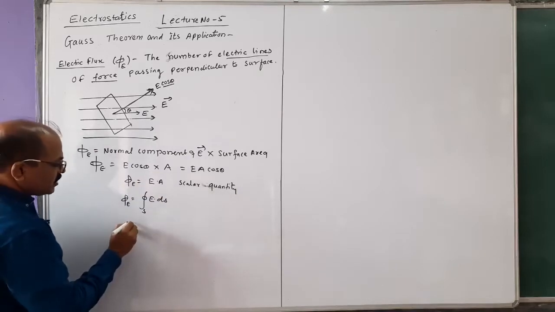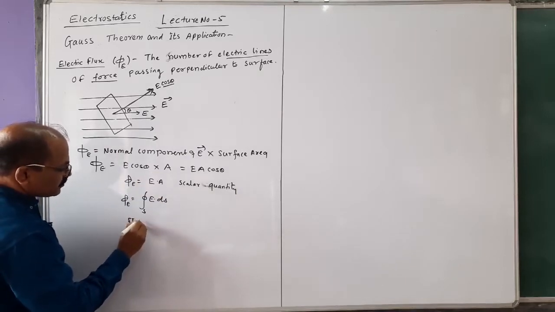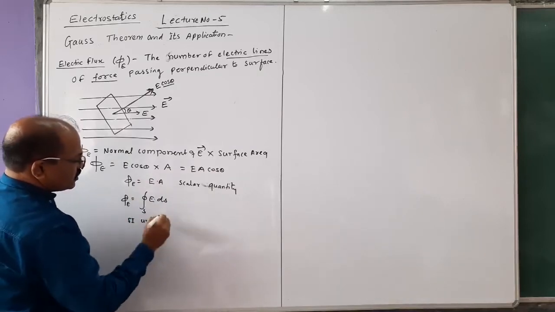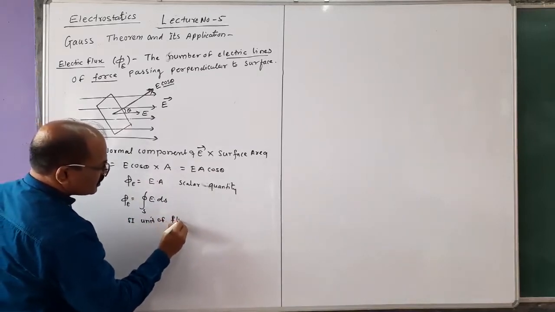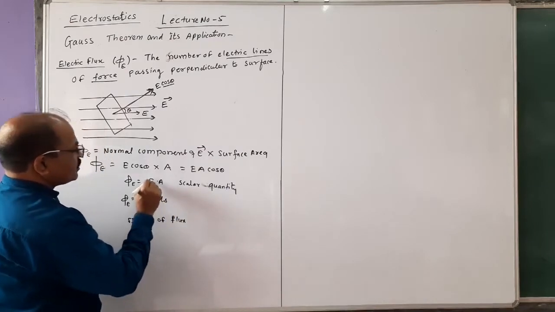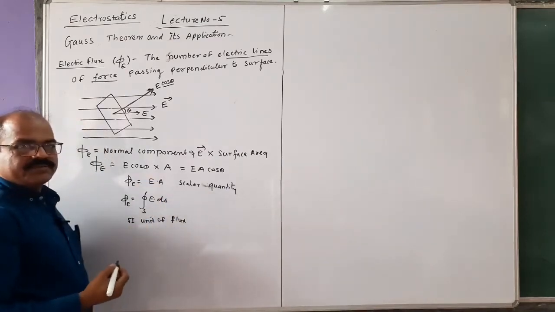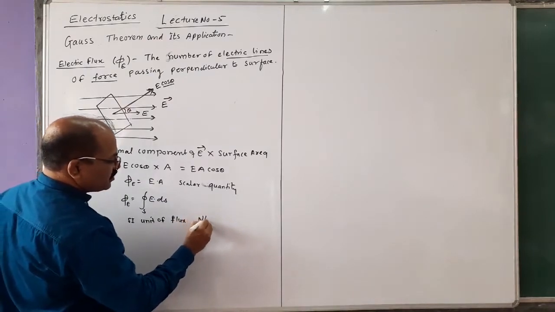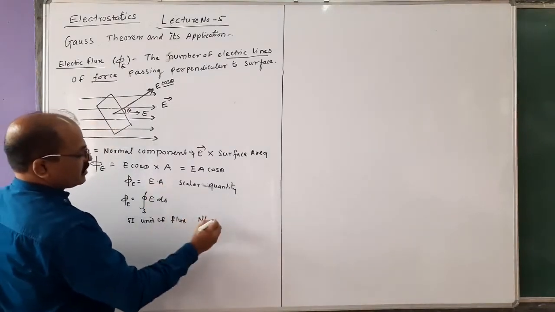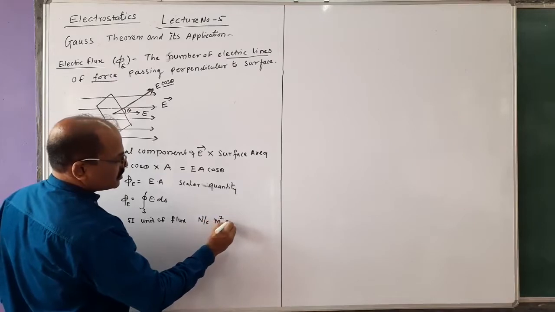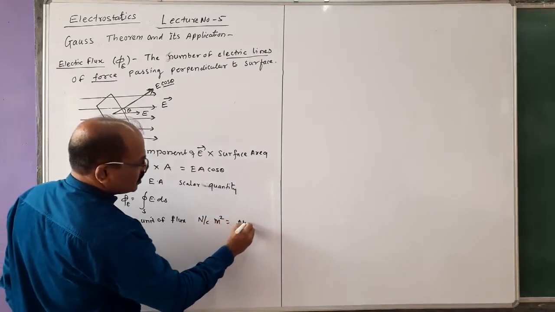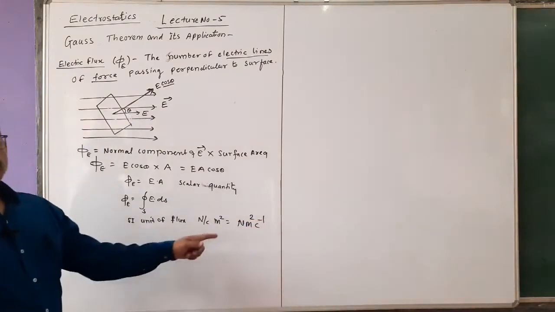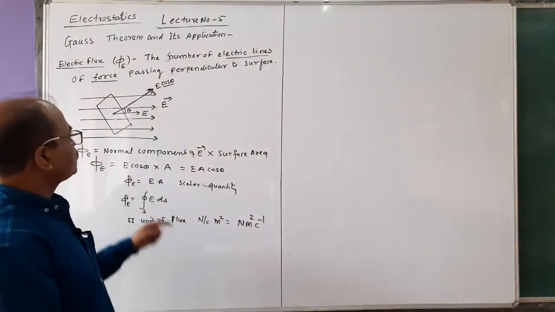What is the SI unit of flux? E is the electric field, whose unit is Newton per coulomb, and area is in meter square. So the unit is Newton meter square per coulomb. This is the unit of electric flux.